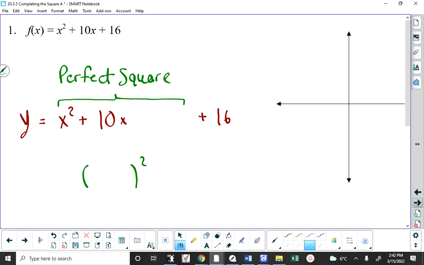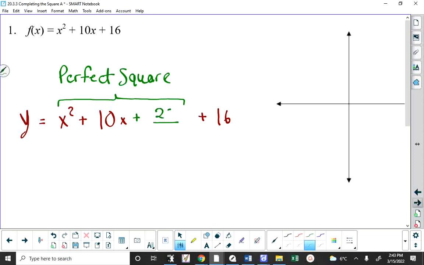And that's exactly what's in the vertex form, a binomial squared. So I want you to figure out what number would have to be here to make that a perfect square. 25, right? Half of 10 is 5. 5 squared is 25.